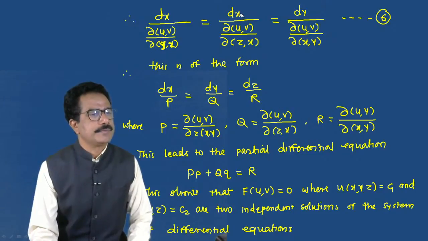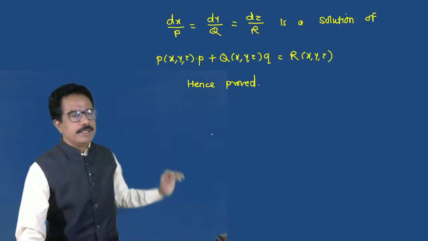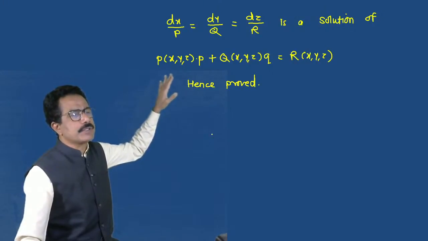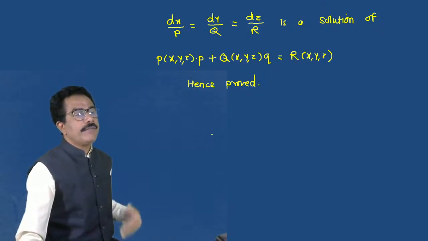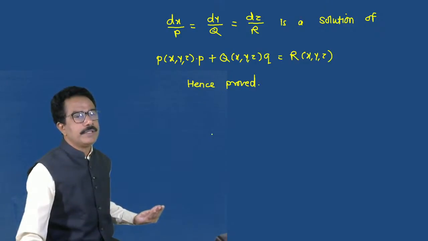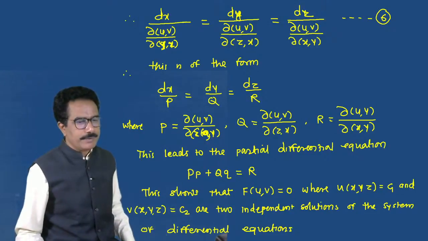Here, change this: here y, here z, and here z comma y. Okay, so we can write dx/P = dy/Q = dz/R.